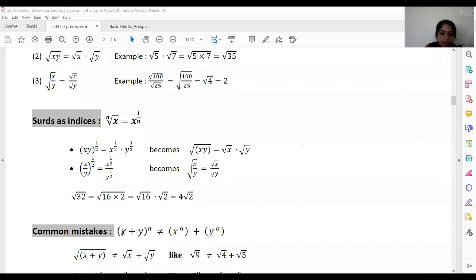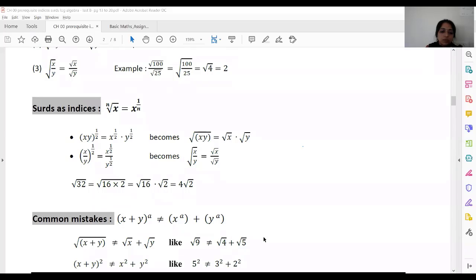And if we have x divided by y whole raised to a, then we can write x raised to a divided by y raised to a. But for addition and subtraction, this rule is not applicable. So please remember, x plus y whole raised to a is not equal to x raised to a plus y raised to a.